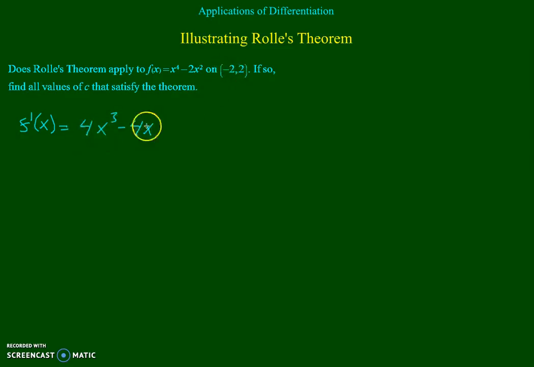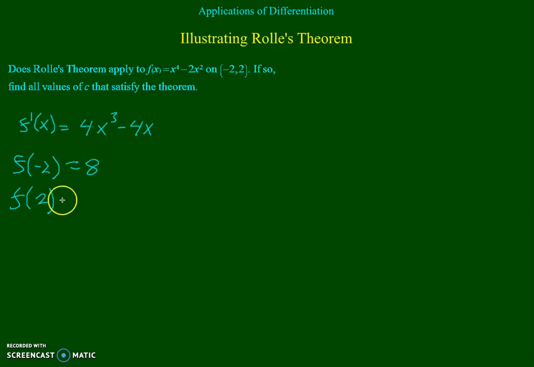The function is defined at both of those values. So we're good to go. The second condition applies. Now what we're looking for is f of a and f of b. So we need f of -2 and we need f of 2. Evaluating at -2, put a -2 in here, we get 16 minus 8, which is 8.